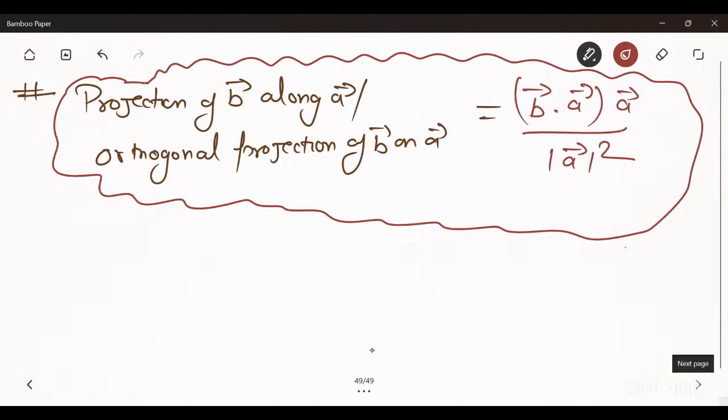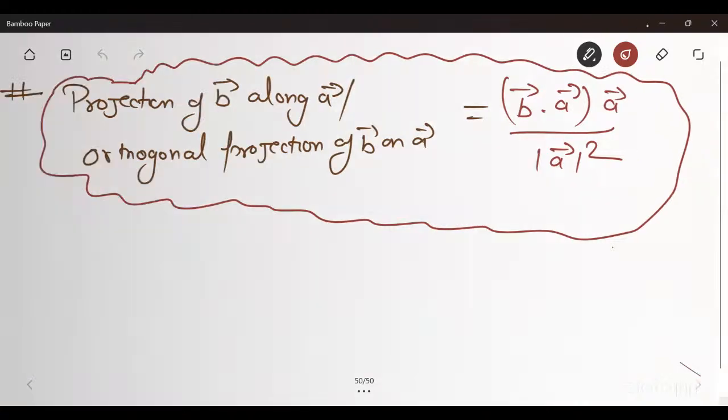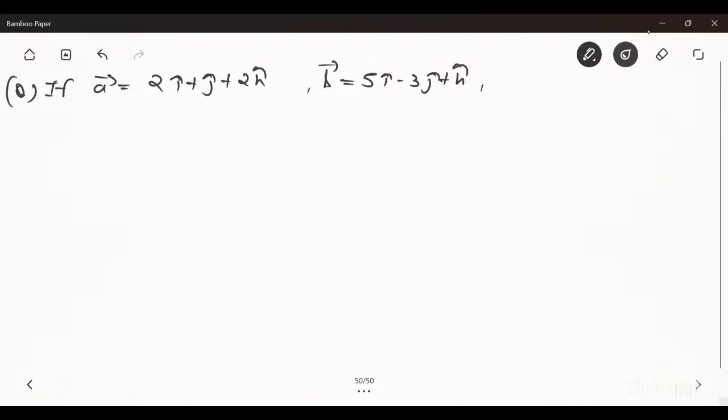Now the question is: if A vector is equal to 2i plus j plus 2k cap, B vector is equal to 5i minus 3j plus k cap, then find the projection of B vector along A vector.